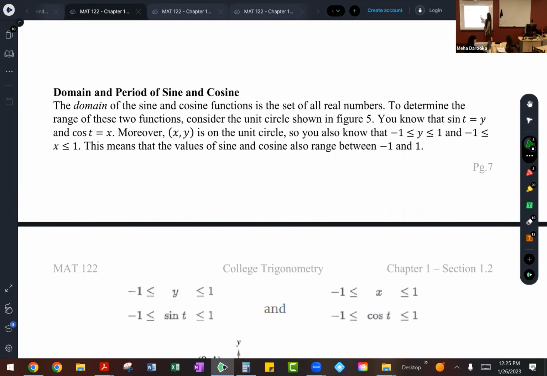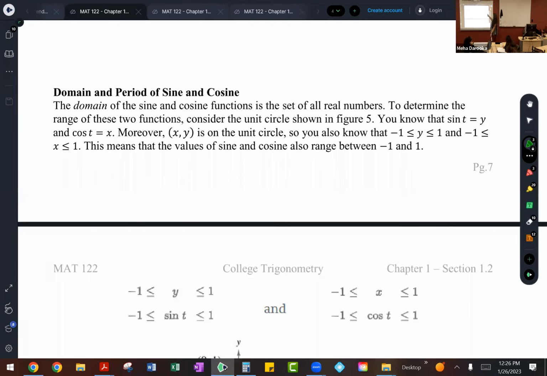So you can see we're telling you the domain of sine and cosine functions is the set of all real numbers, which means when you do sine of t, you have no restrictions on what values you can evaluate your sine or cosine functions at.